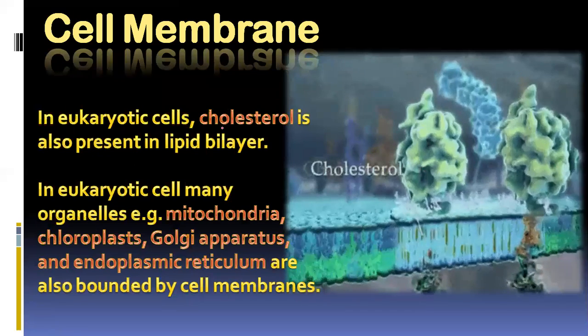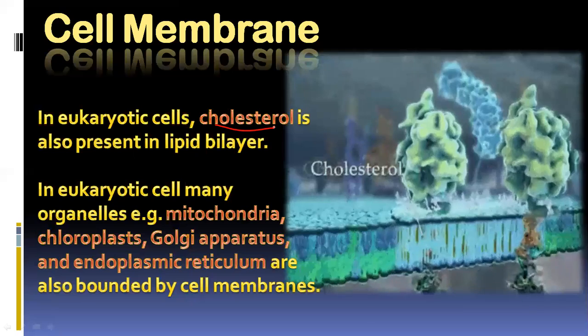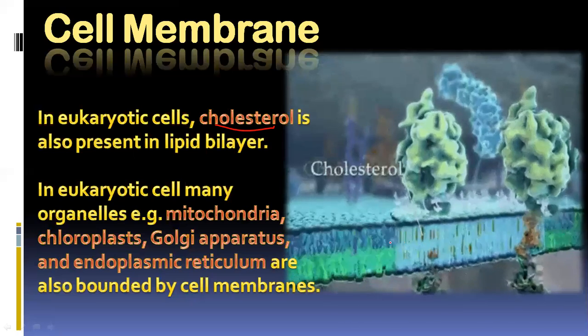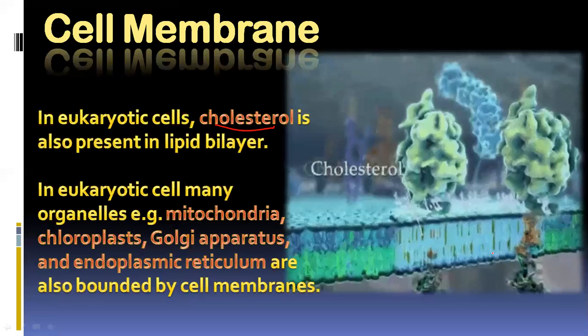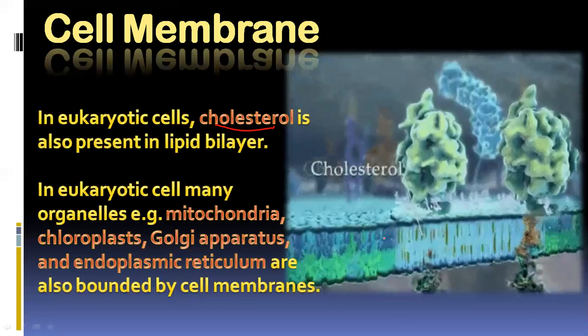Okay, so another structure which is present in that one is cholesterol. Cholesterol is also present in this lipid bilayer. You can see how it gives fluidity to the cell membrane.